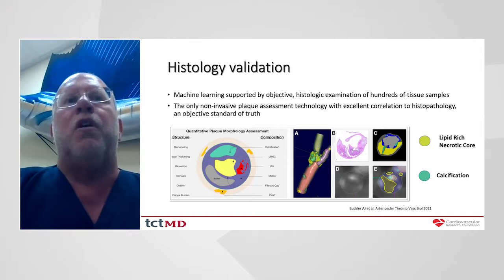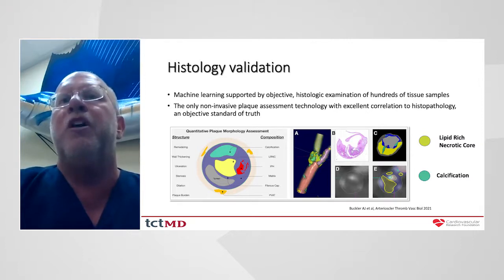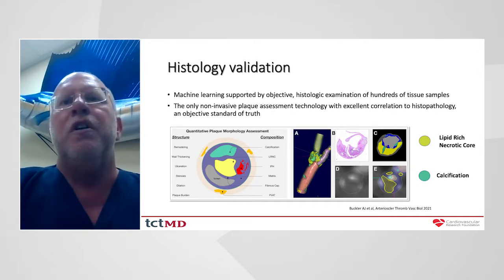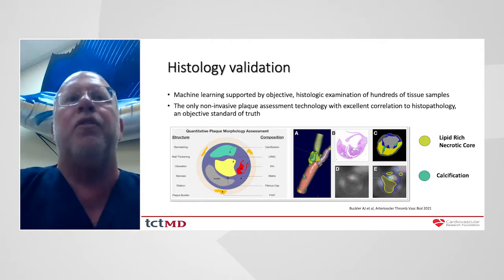These features are extracted utilizing machine learning, and they're supported by objective histologic explanation of hundreds of tissues. The software is unique in that manner. This is the only non-invasive plaque assessment technology that has excellent correlation with histopathology as an objective standard of truth.